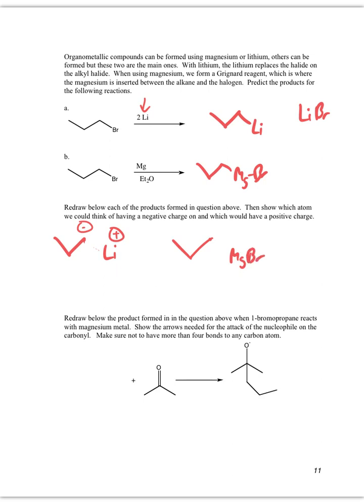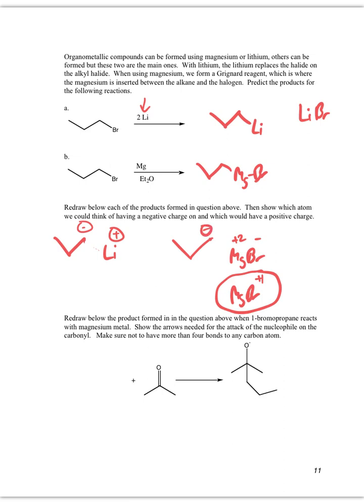If we forget about the bond between the two and just think about the atoms, the magnesium has a +2, the bromine has a -1, so this MgBr has a +1 for the whole ion. So if it's +1, the carbon has to be a -1.